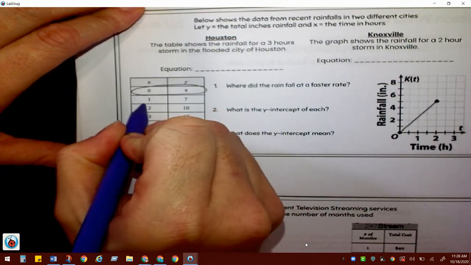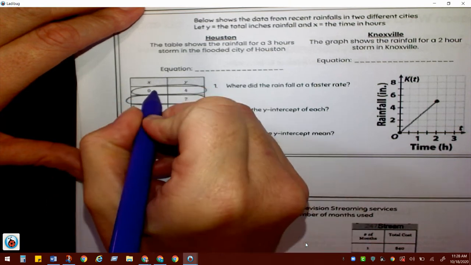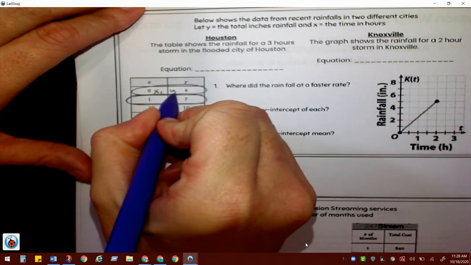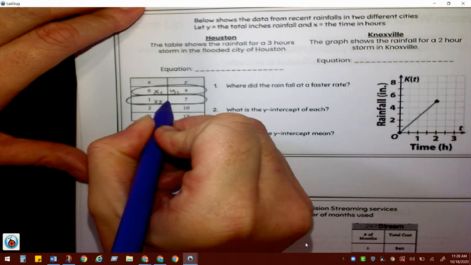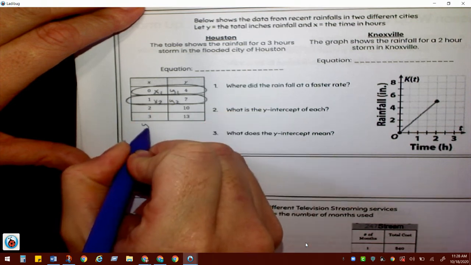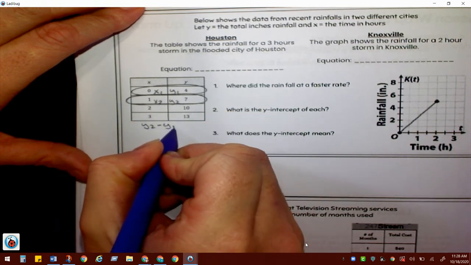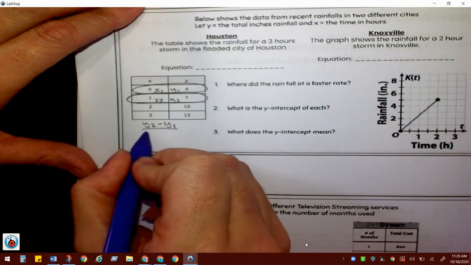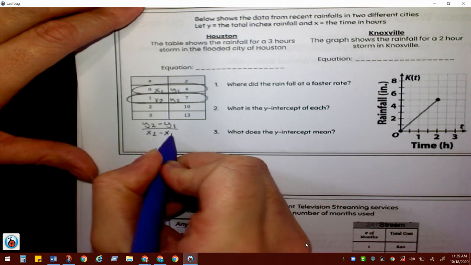You can pick any 2 points, and you label them as x1, y1, x2, y2. We use our slope formula, y2 minus y1 over x2 minus x1, to find our slope from this table.